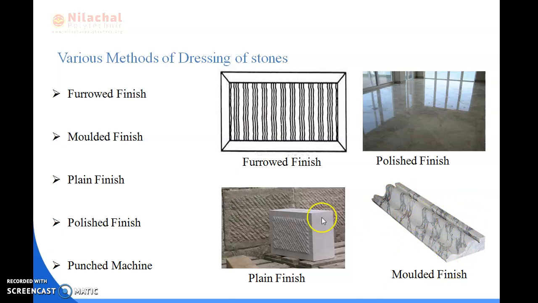Next is plain finish. Here you can see the diagram of the plain finish. In this type of finish, the surface is mainly smoothed with a saw or with a chisel.